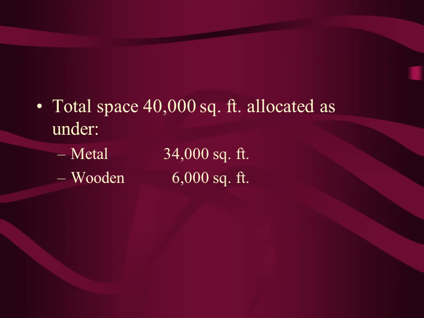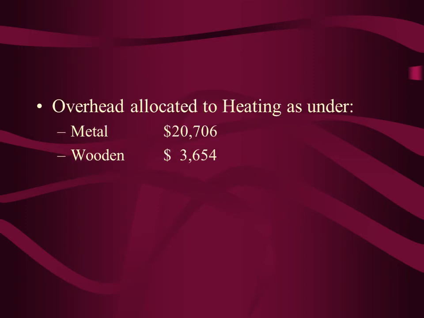Now the total space is 40,000 square feet and it's allocated as 34,000 square feet to metal cabinet and 6,000 square feet to wooden cabinet. And on the basis of the floor space occupied by the product, the allocation is $20,706 for metal cabinet and $3,654 for wooden cabinet.